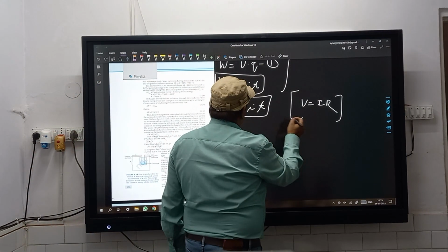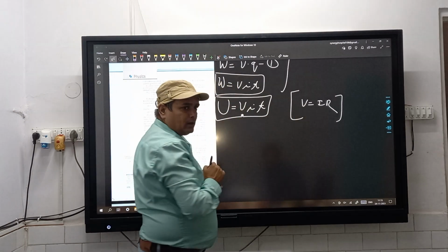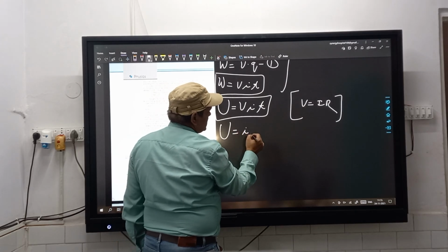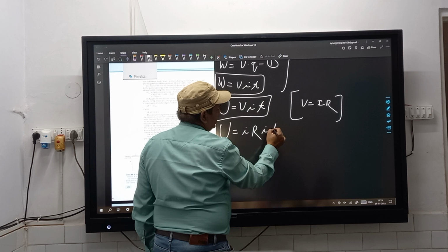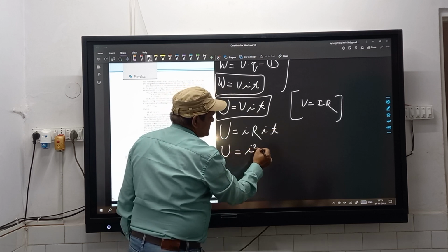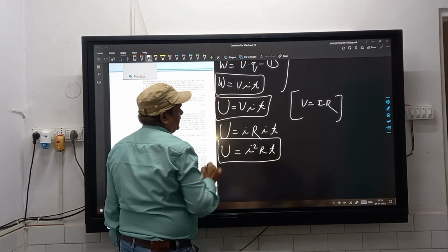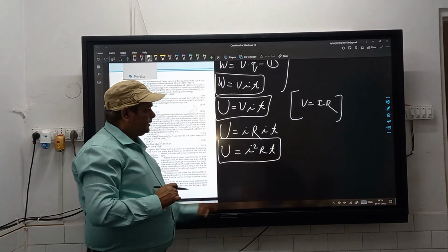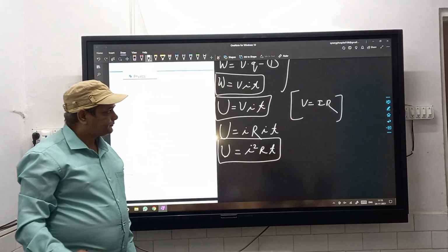From here, if you place V is equal to I R, then U becomes I R I T. Then U becomes I square R T. This is the second formula of the electrical energy. I square R T. Okay.